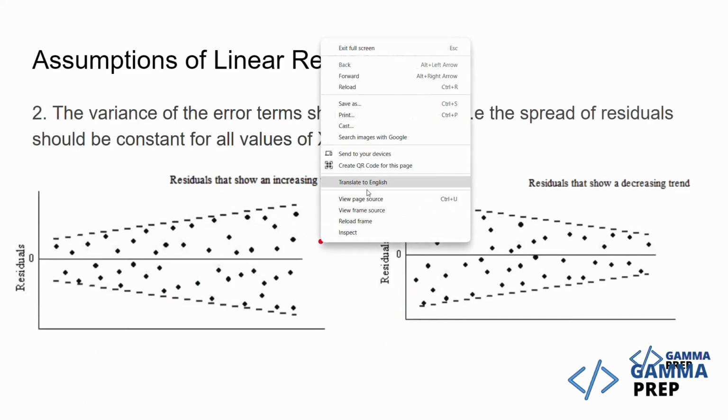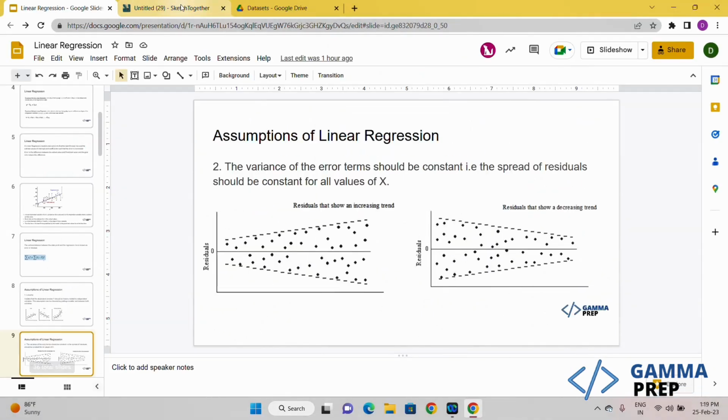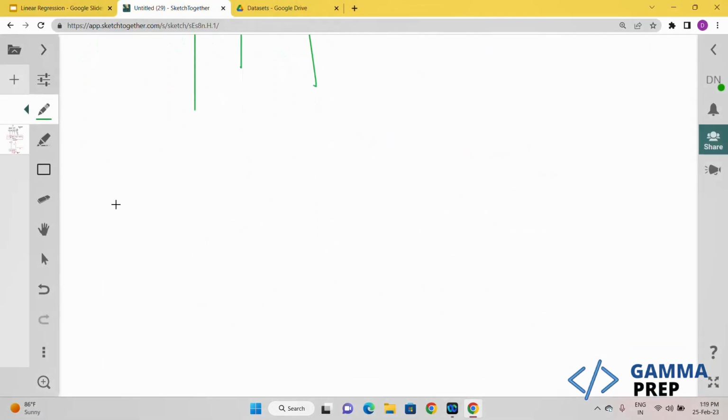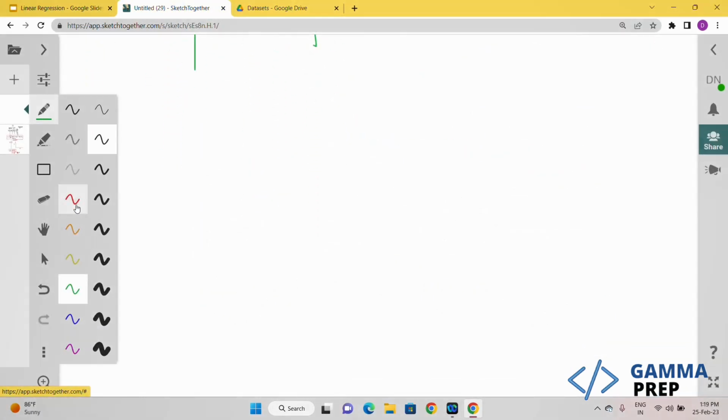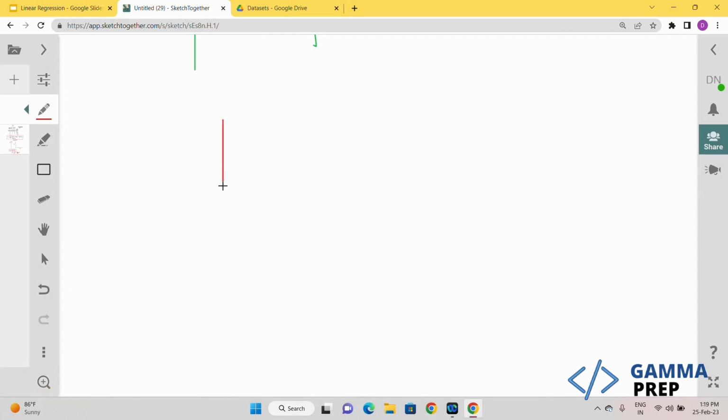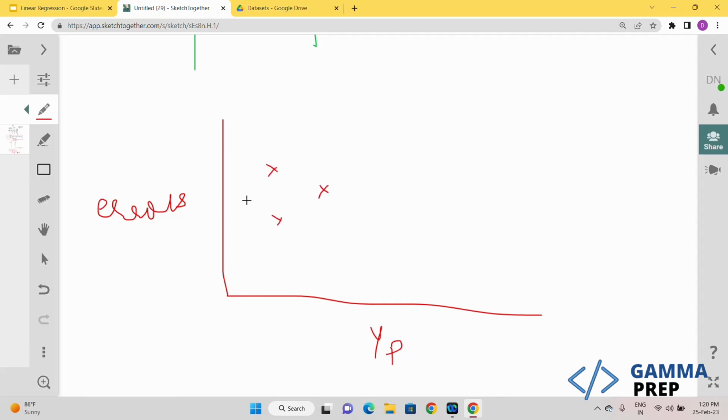Now the second one. Once you have built a linear regression model, you should see the graph between the errors, that is the residuals, y actual minus y predicted, versus the y predicted. The errors should be in a constant range, or you can say they should have constant variance.